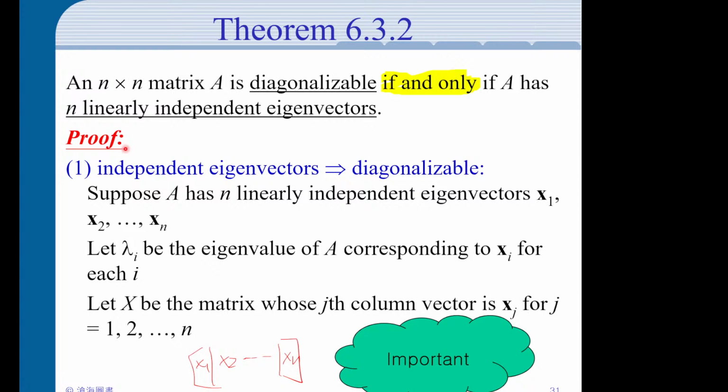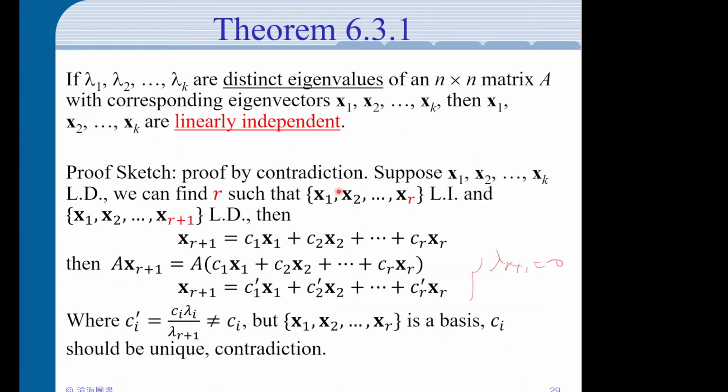Matrix A is diagonalizable if it has n linearly independent eigenvectors. A non-diagonalizable matrix, as we will see in an example, is one where you have fewer than n linearly independent eigenvectors.